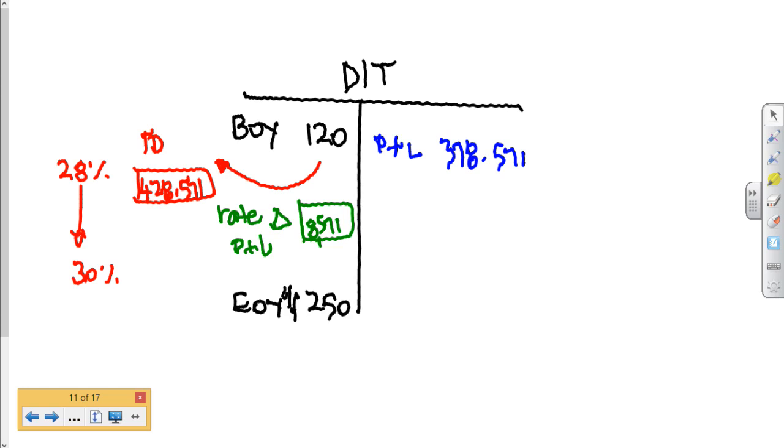Then a deferred tax note, an example of a deferred tax note, is on page 48. If you look on page 48, you'll see a note that says deferred tax, and this is a statement of financial position note.